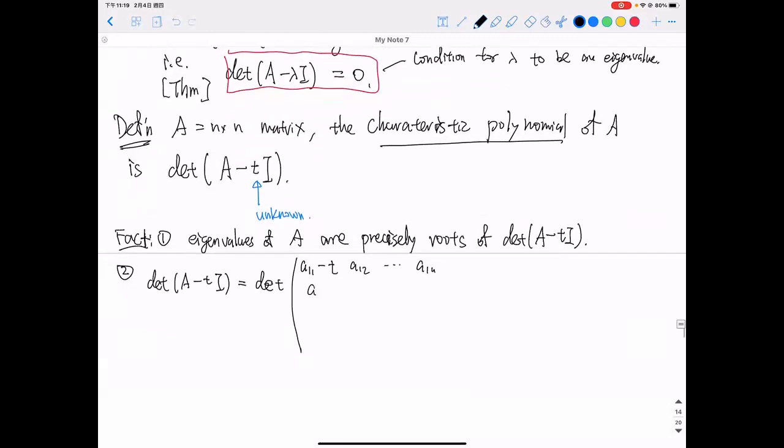If A is written in the usual form, then A minus T I is basically the same thing, except for the diagonal entries you have A11 minus T, A22 minus T, and so on. Only the diagonal entries carry this unknown T, and there are n copies of T occurring.